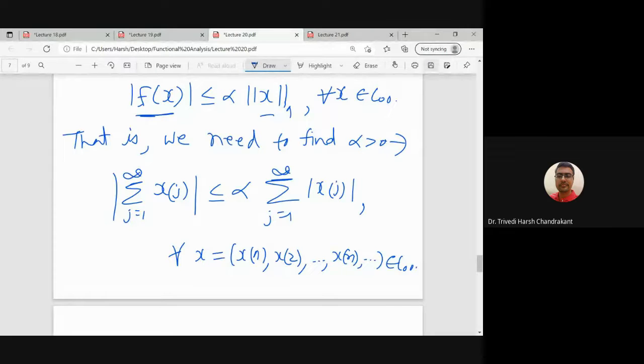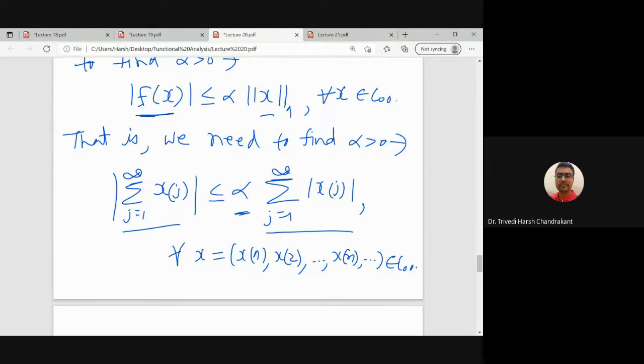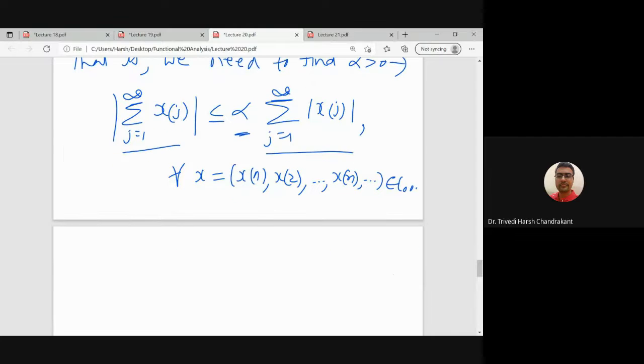Now can you tell me what is the possibility of alpha? If you have any series, can we find some number such that the modulus of the series is less than or equal to alpha times the sum of the moduli of its terms? So what is the simple choice of alpha?